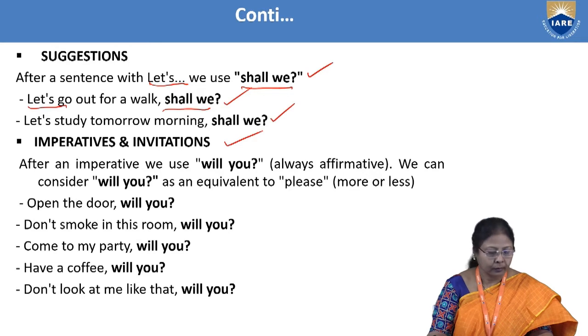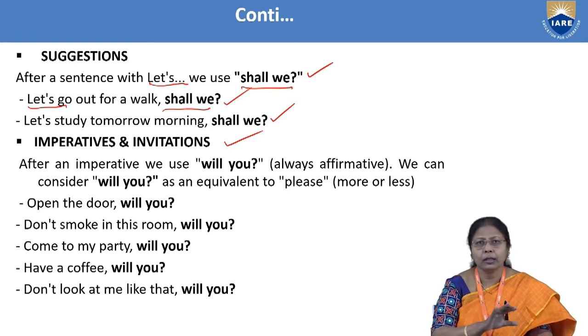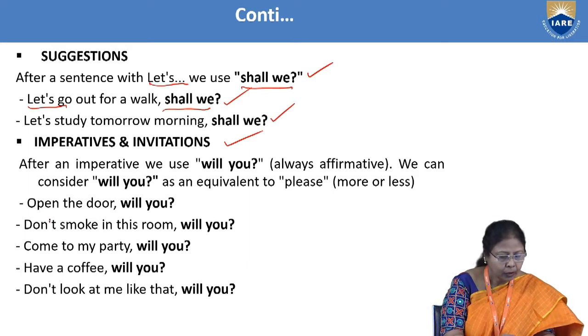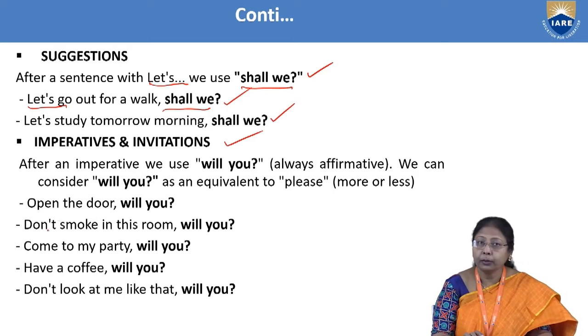Open the door. Don't smoke in this room. Come to my party. Have a cup of coffee. Don't look at me like that. All these are imperative sentences: commands, requests, all these things. So: open the door, will you?